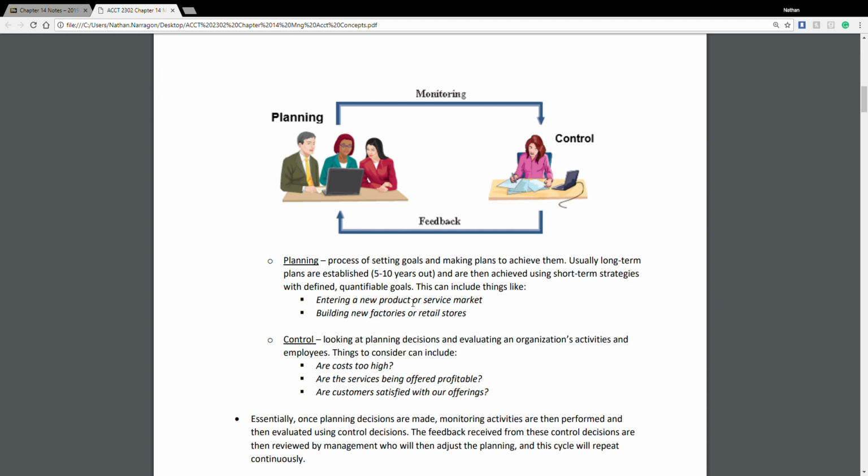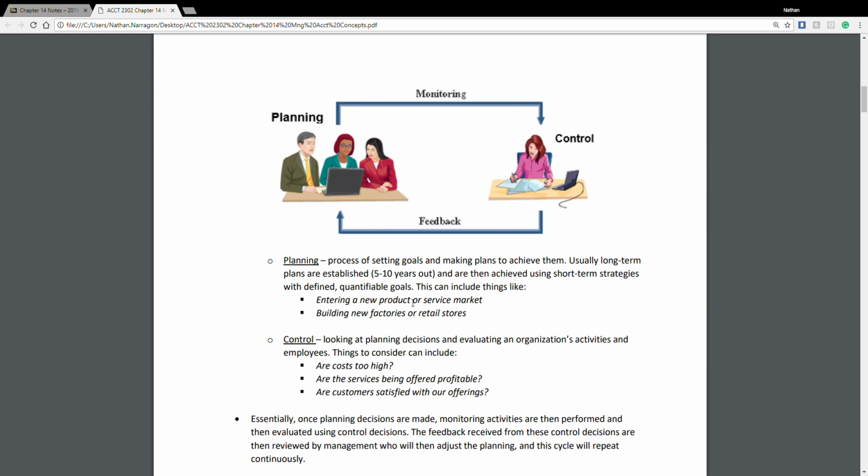Next part is control. This is basically us accountants. Each one of these can be a position for us. We can either plan or we can actually control. Most likely we're going to be controllers a lot of times. So we're going to look at the decisions that our managers have made, because they're planning so that we control costs.